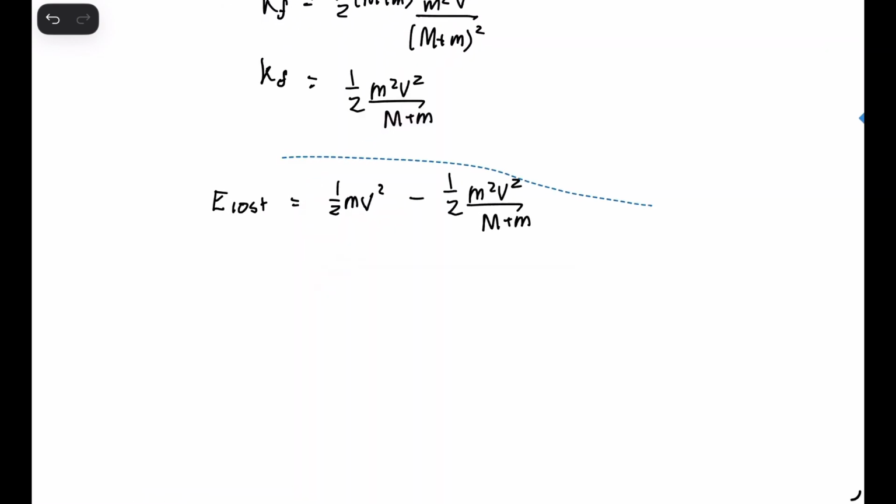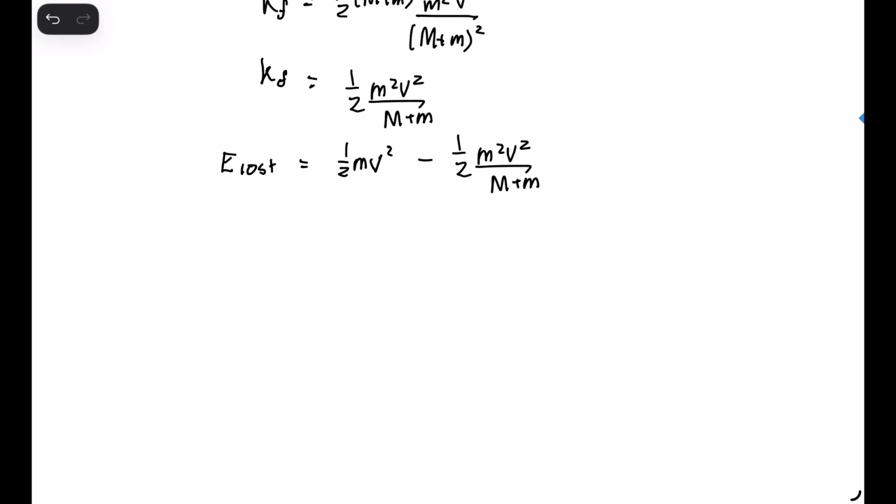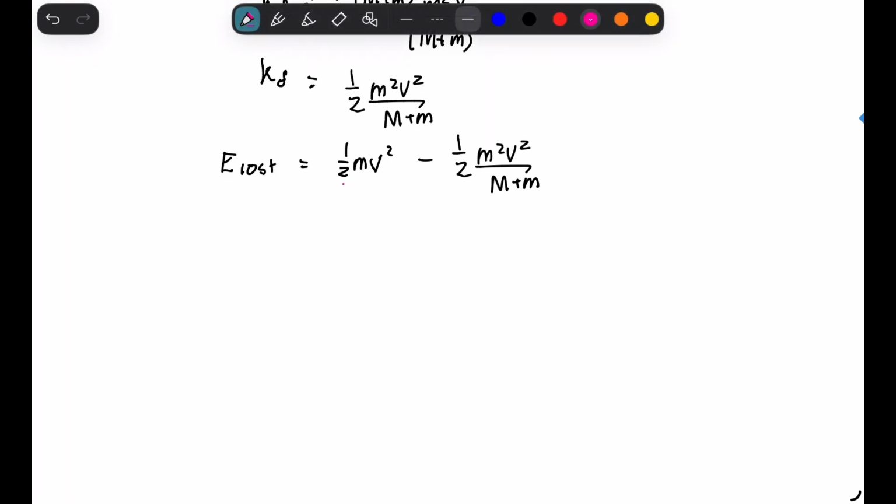What we can do is factor out our 1/2 m v squared. We're going to have 1/2 m v squared out front, times 1 minus m over (M plus m).